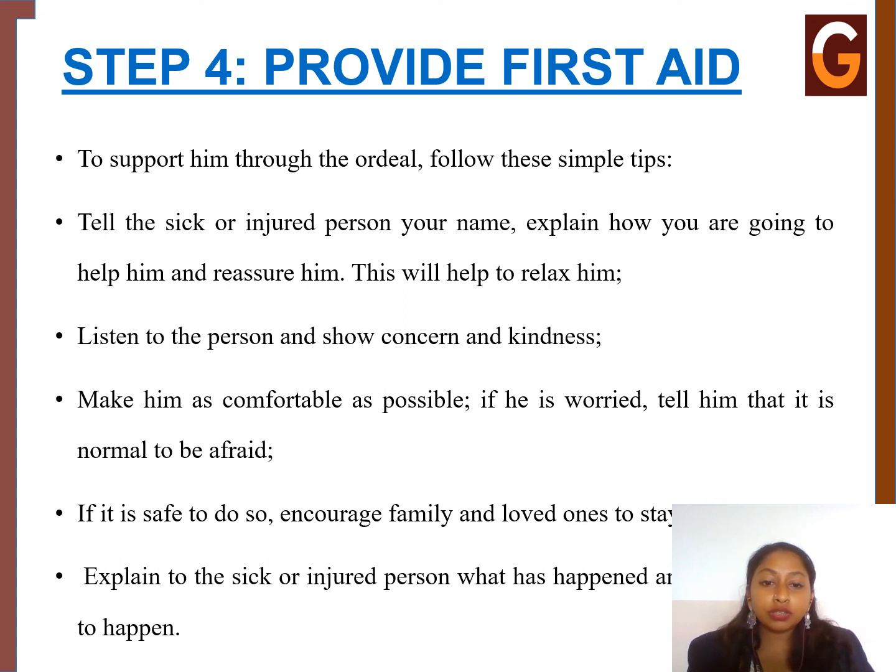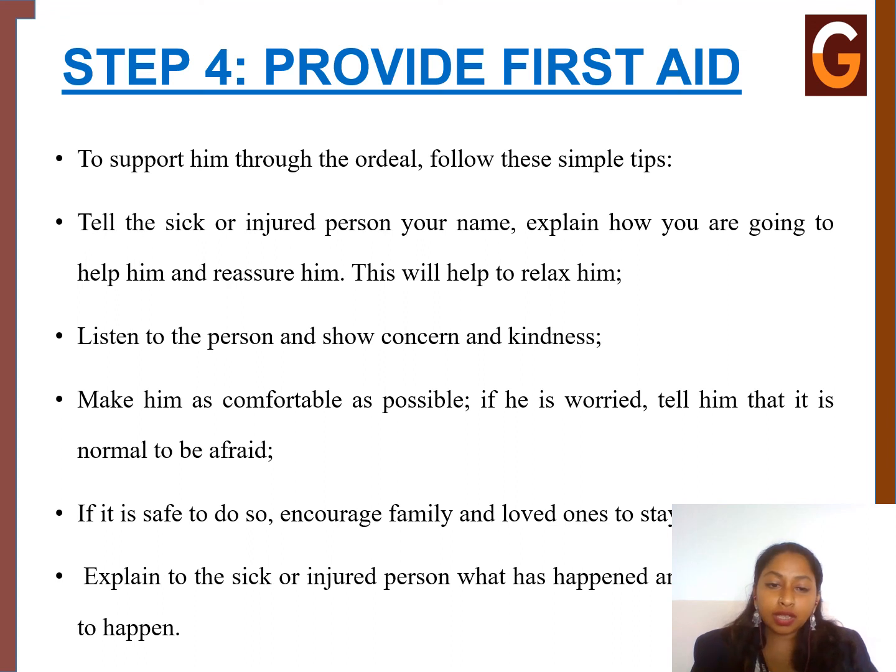Next is to listen to the patient or the victim. Show him the concern and kindness that you are there to help him out. The third important point is to make him comfortable. Tell him he should not be worried, we are here to help. If other people are around, near and dear ones or his family members, you can also ask them to offer encouragement.